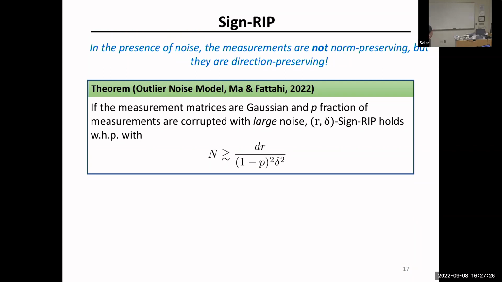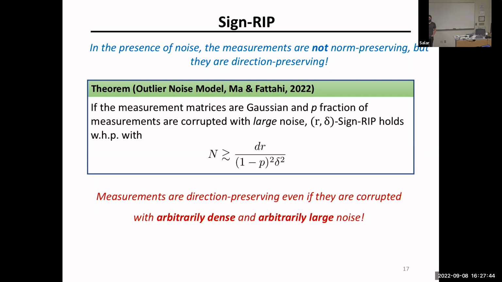Then we can show that we satisfy sine RIP with high probability with parameters r and delta if the number of samples is lower bounded by d times r divided by (1 minus p) squared times delta squared, where p is the corruption probability. So this implies that the measurements are going to be direction preserving even if they're corrupted with arbitrarily dense and arbitrarily large noise values, provided that n scales accordingly.